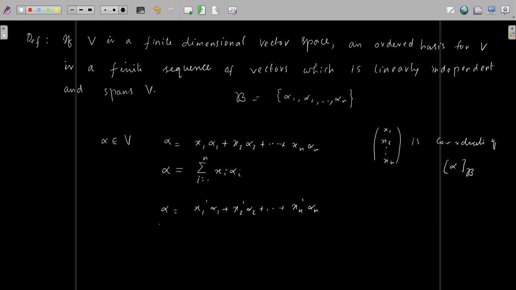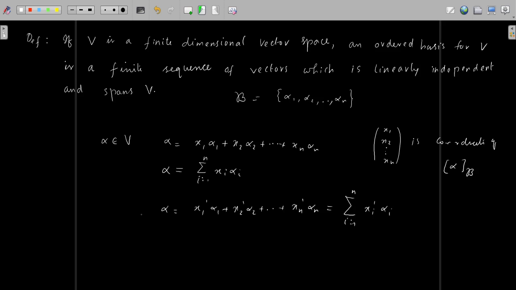So the same alpha is another linear combination of alpha 1, alpha 2, etc., alpha n. In summation notation, this is sigma i equal to 1 to n of xi prime alpha i.